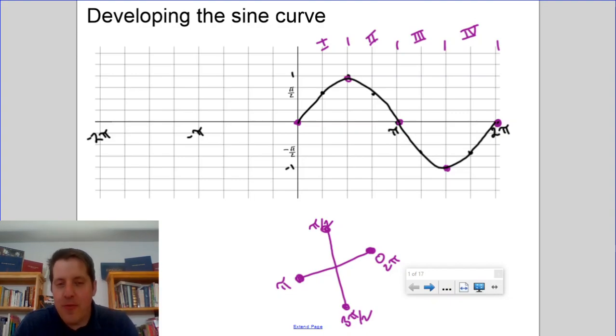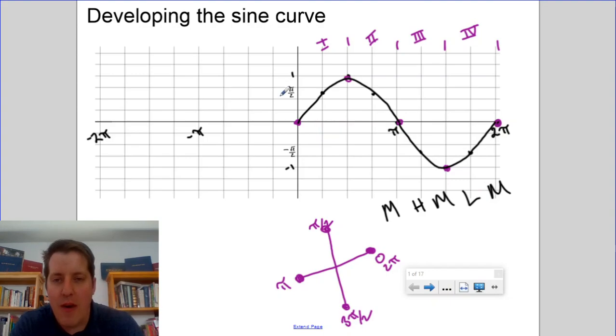Okay, every graph of a sine curve you are going to make is going to fit this pattern of middle, high, middle, low, middle. Every time we graph, we're going to think about where the graph starts, where it goes up to, returning to the start, where it goes down to, and then returning to the middle one more time.